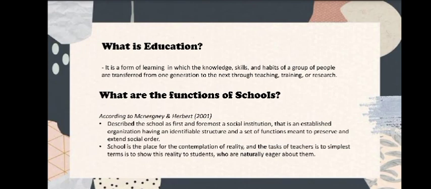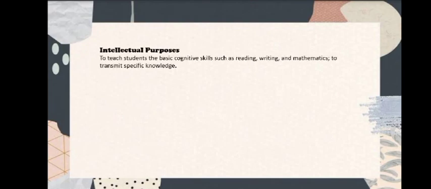So schools also play what we call a social agent of change. For the intellectual purposes, to teach students the basic cognitive skills such as reading, writing, and mathematics, and to transmit specific knowledge.